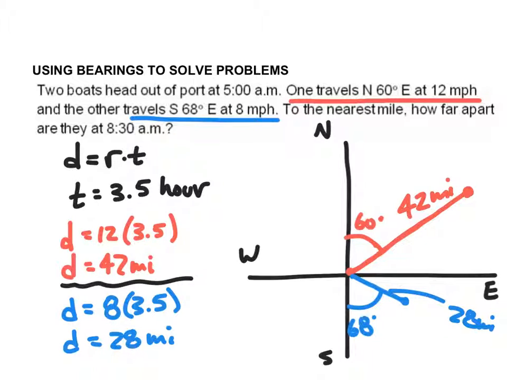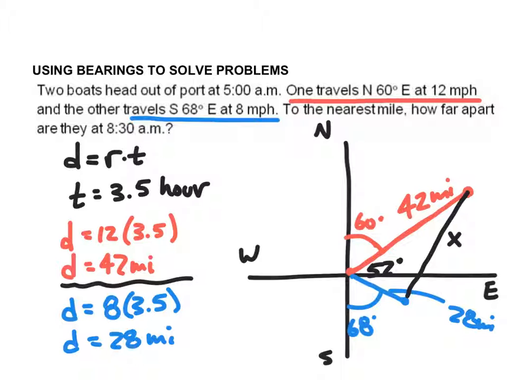What we're trying to do is figure out the distance in between these ships at that time. Because this whole thing is 180 degrees, minus 60, minus 68, that's going to give us a value of 52 degrees. So this angle in here is 52 degrees.